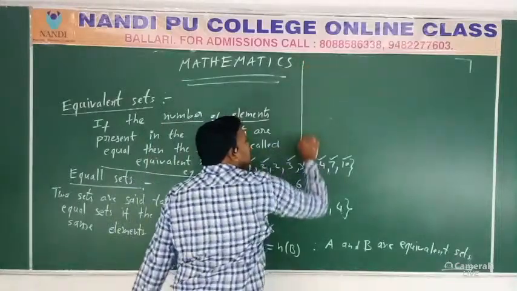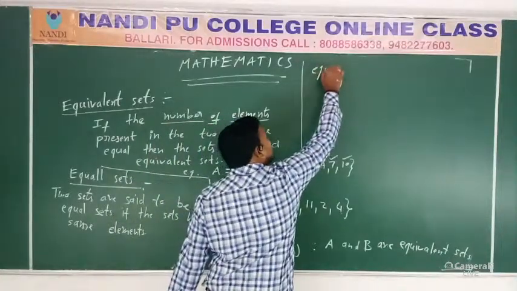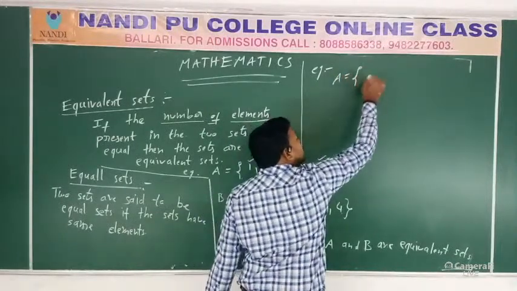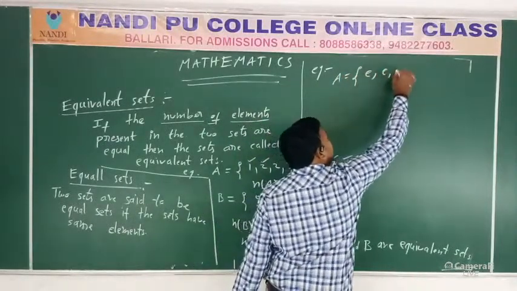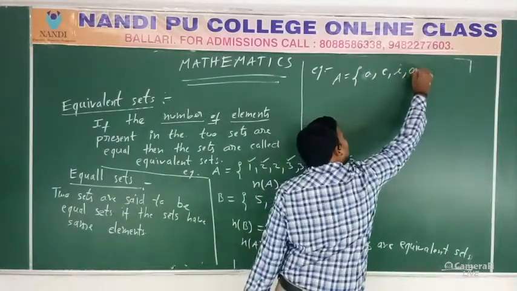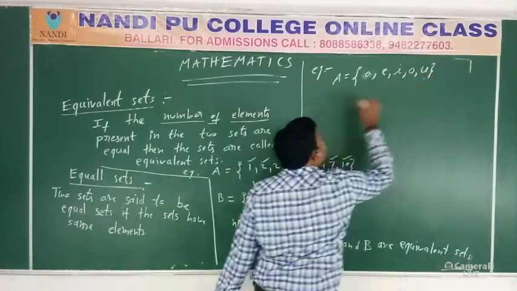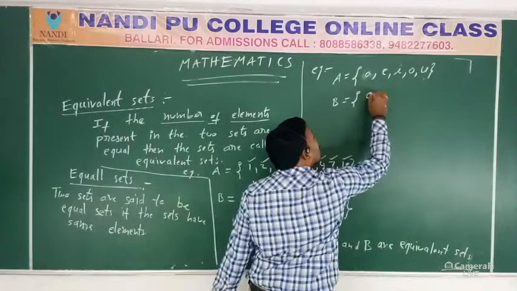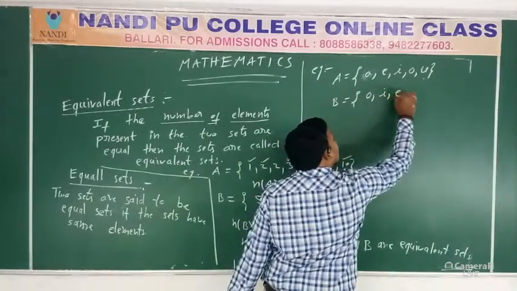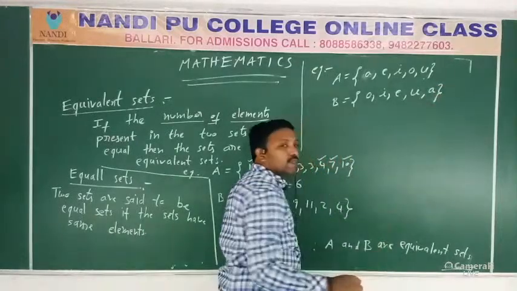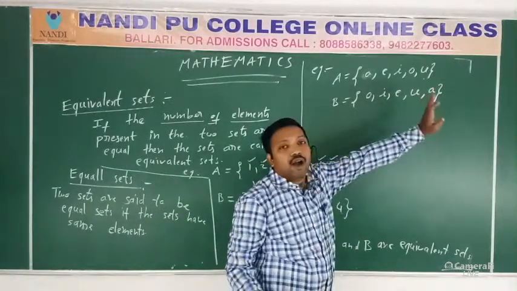Take an example for this equal set. Let us take A is equal to the set of A, I, O, U, and I am taking B as another set: O, I, E, U, A. I just changed the order.